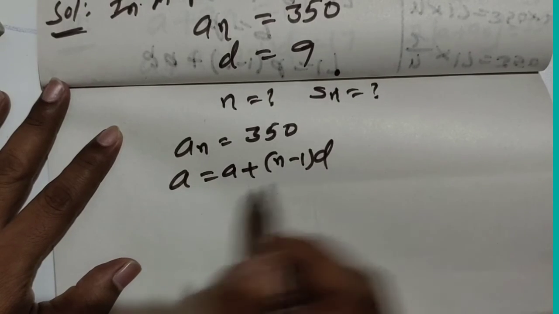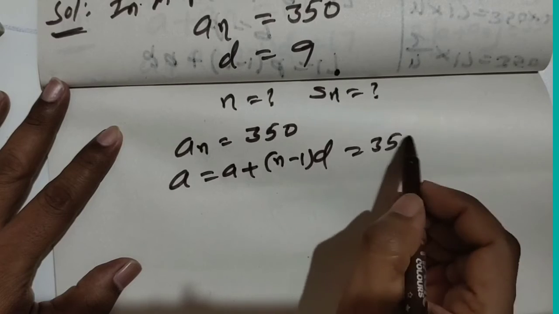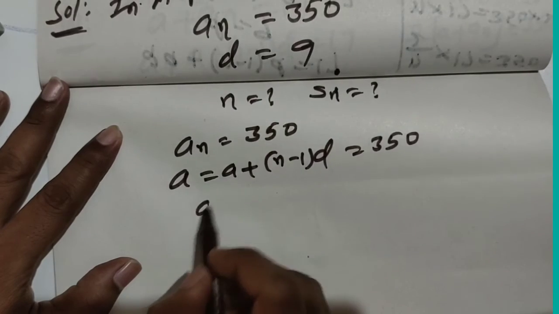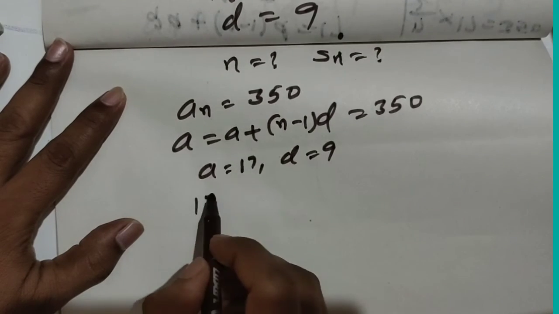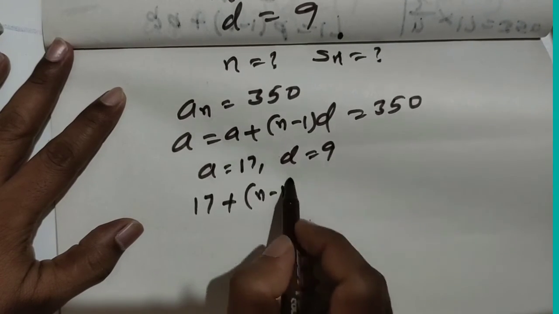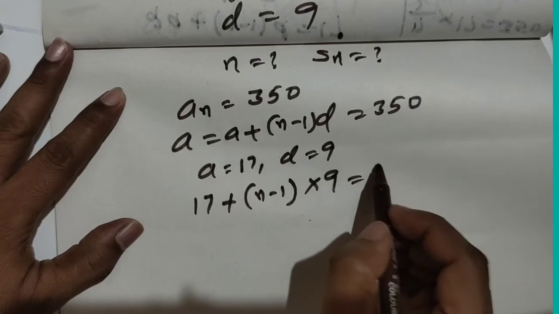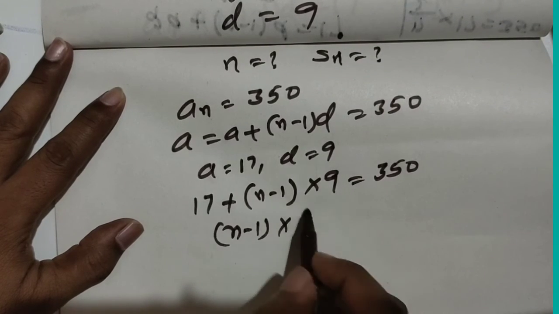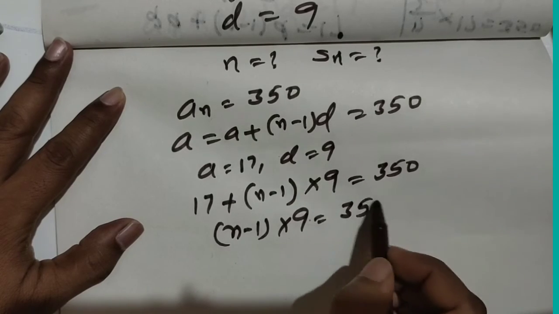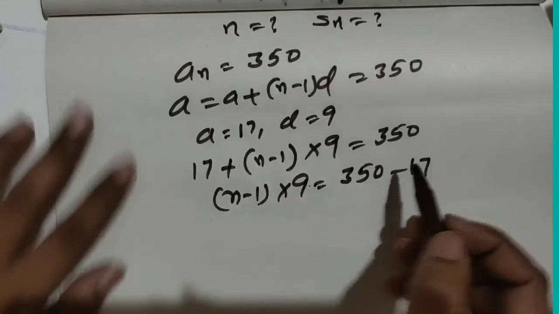So substitute here the a value 17 and d value 9. Substituted values: 17 plus n minus 1 into 9 is equal to 350. n minus 1 into 9 is equal to 350 minus 17.